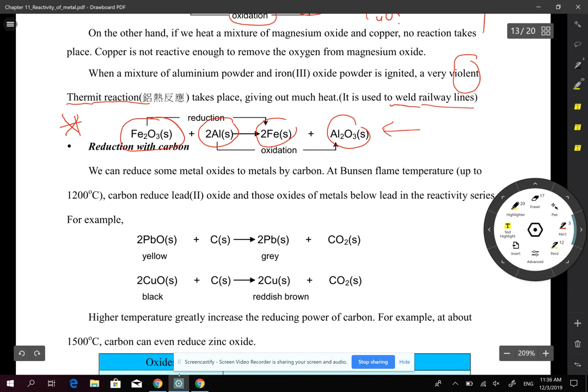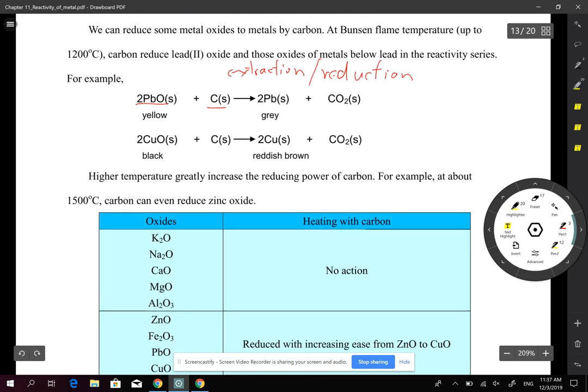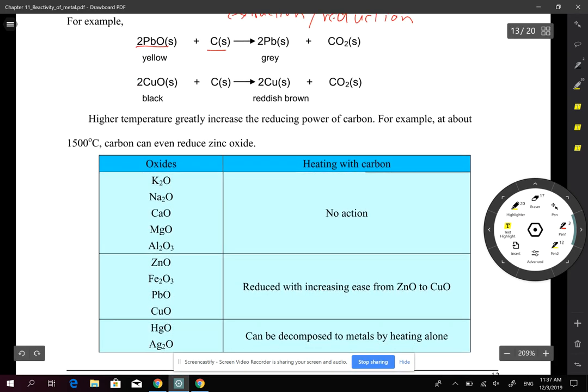Okay, we extract metal oxide by carbon, but now we can name this reaction as reduction. It is extraction. That means forming back to metal. It is also called reduction. Reduction means forming back to metal, so the meanings are the same. Okay? But still remember, carbon cannot extract or reduce all metal oxides.